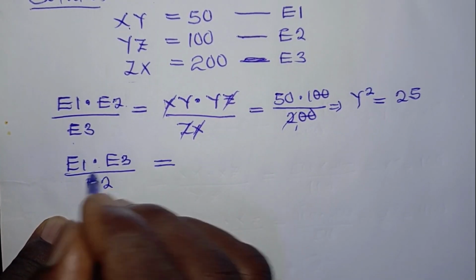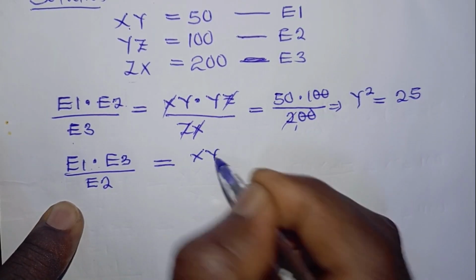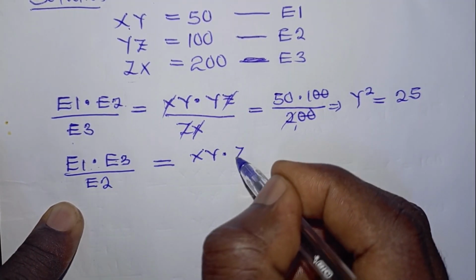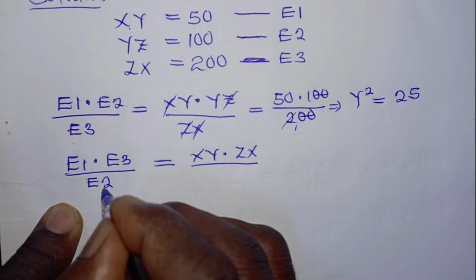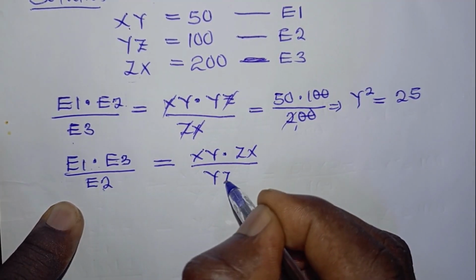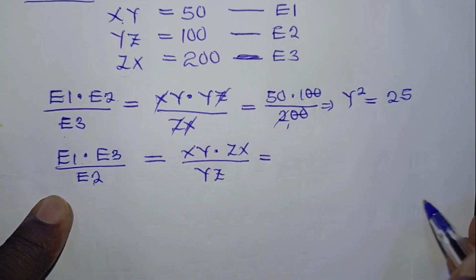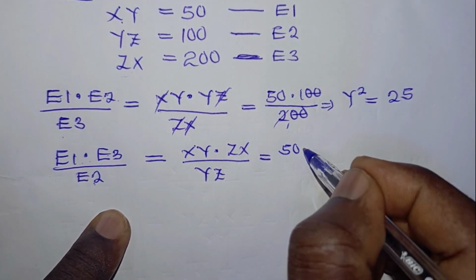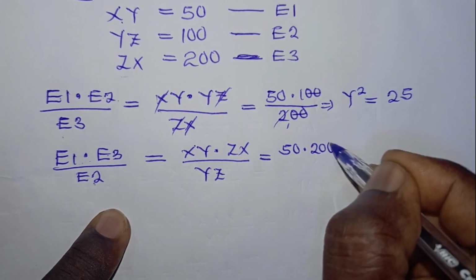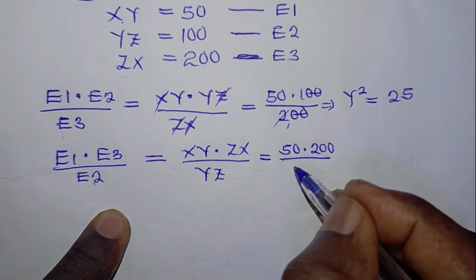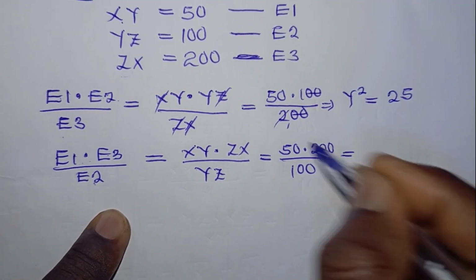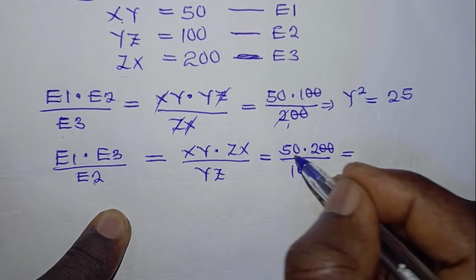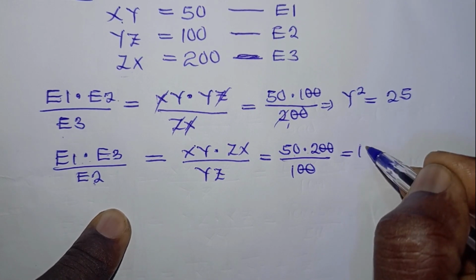So here, equation 1 is xy multiplied by equation 3, which is zx, divided by equation 2, which is yz. xy is given as 50, zx is given as 200, yz is given as 100. So 100 goes into this one 2, so we have 50 times 2, which will give us 100.